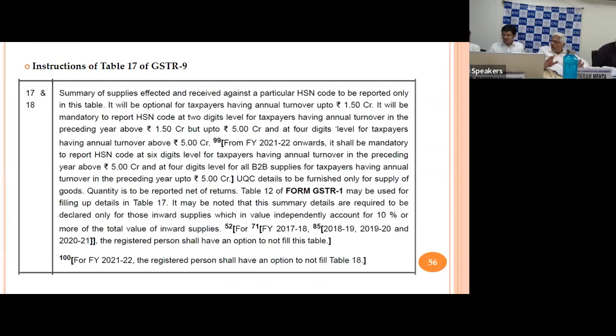When you go legally, you are supposed to fill that up. For interest also you have an HSN code, right? For services also there will not be any UQC, no? There also you will follow one system. Either you put NA or you put it blank, but you have to put one.